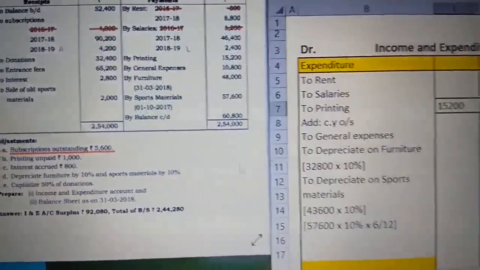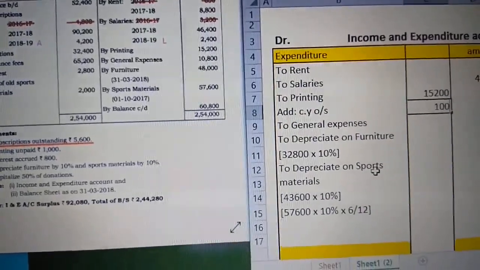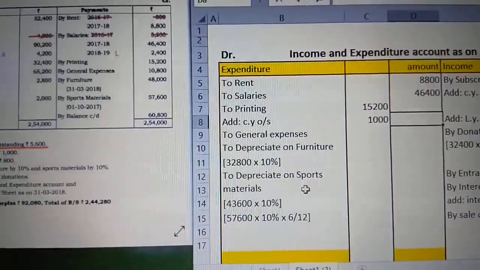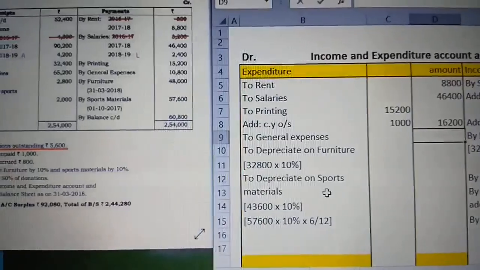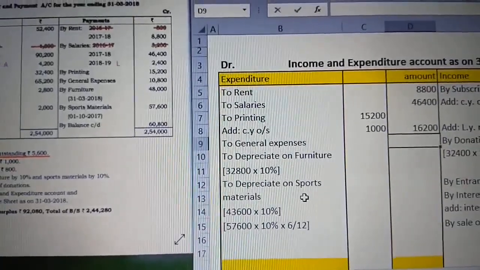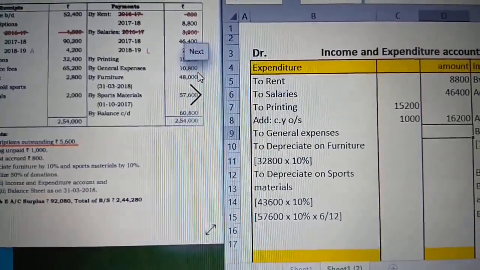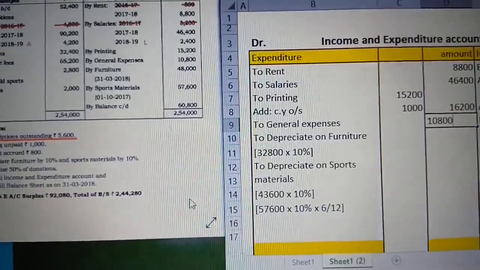They have given unpaid 1,000, so that's going to be a current year outstanding. So that 1,000, I'm just going to add it. So the amount I'm going to take after adjustment, adding, is 16,200 in the outer column. Just observe, 16,200. Then after printing, we have general expenses, no adjustment for this. I'm going to take it directly, 10,800 in the outer column.